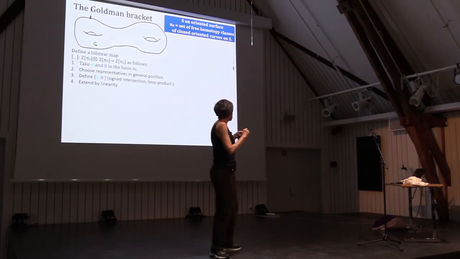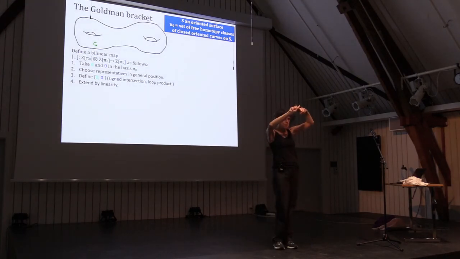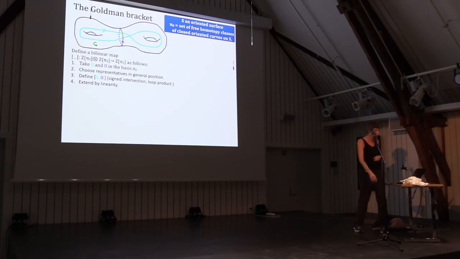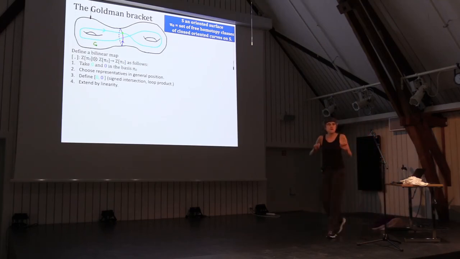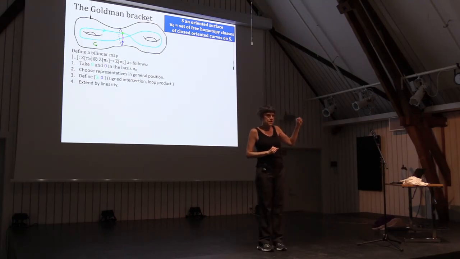Choose them in such a way that they intersect transversally in double points. So here I should have my representatives, one and the other. And in this example, they intersect in these 2 points, one green and one purple. Each intersection point is going to give me a term of the output of this bracket.